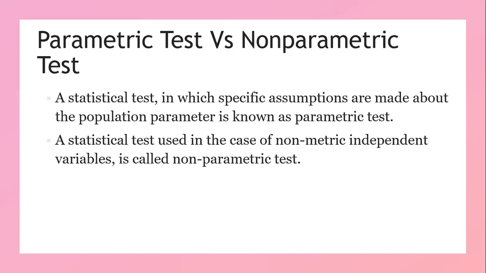Sometimes we get exactly the mean and standard deviation of the population, or else we can assume them. If you assume the population parameter, then it is called a parametric test. If you are not assuming anything and go directly to calculation, then it is called a non-parametric test.